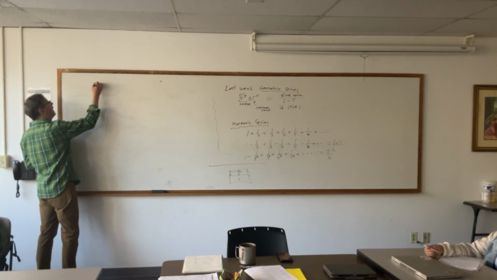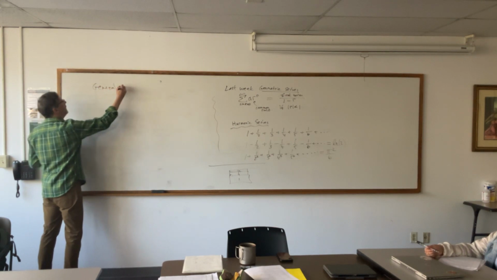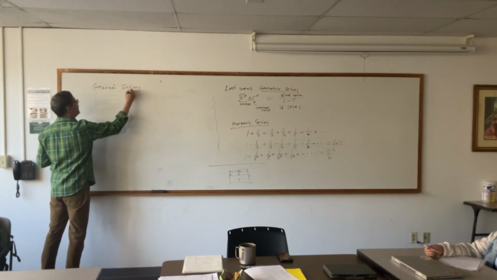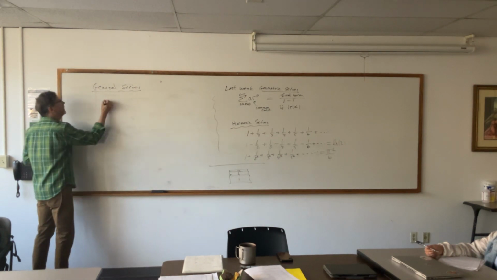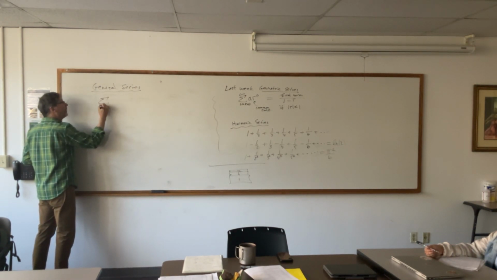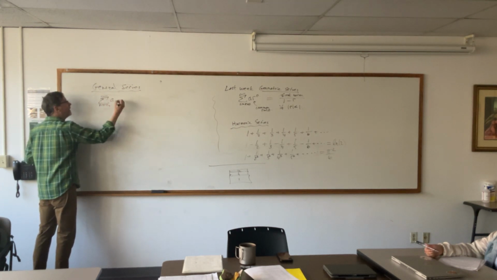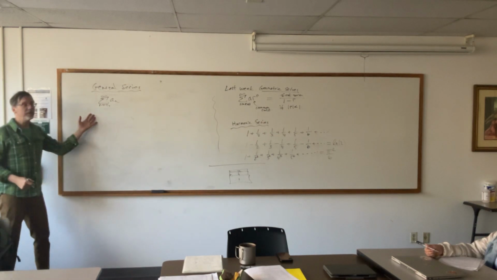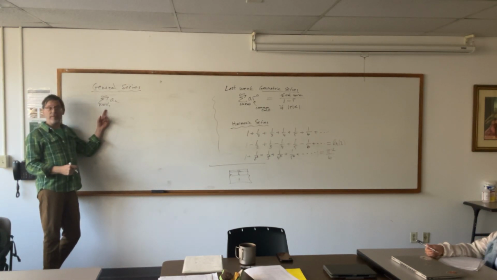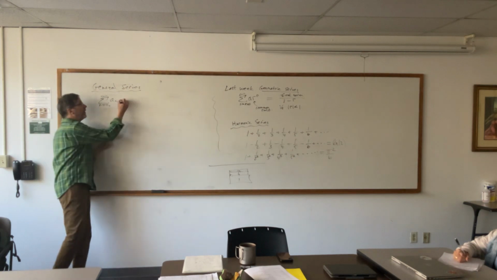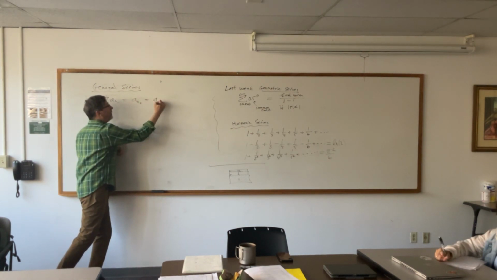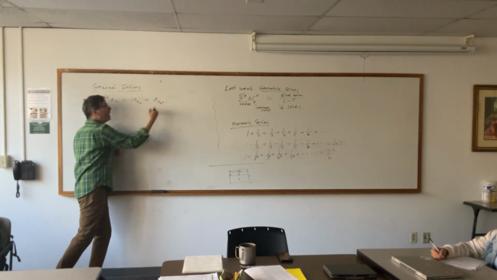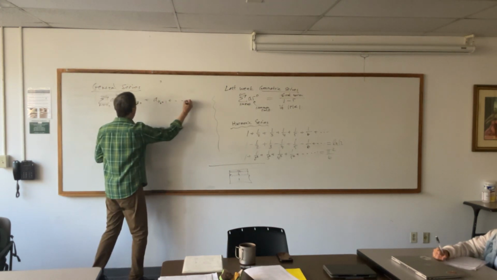So let's just talk about general series, and then we'll get into the specifics. For general series, first off, let's just look at some notation and refresh our memory on it. So if I write this out, this is a sum. The first index is n sub 0, so this is a sub n sub 0 plus a sub n sub 0 plus 1, on down, and keeps on cruising.